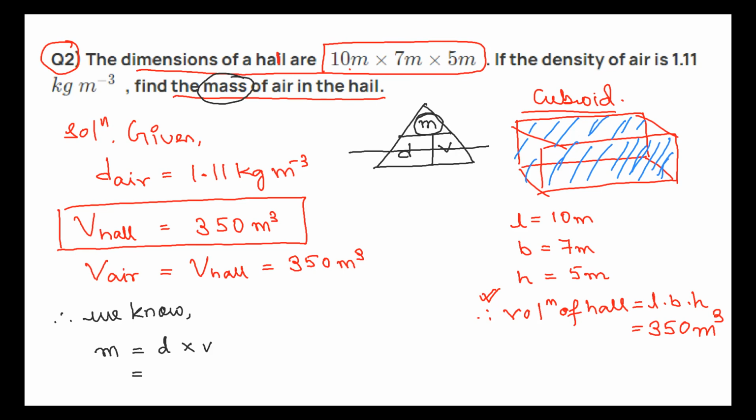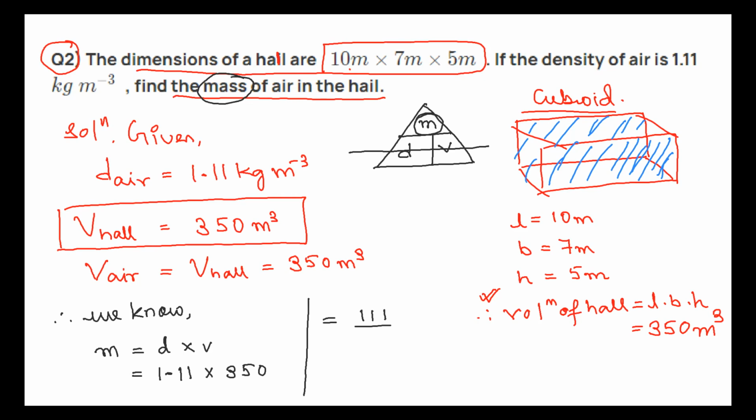Density is given to you, 1.11 into volume is 350. Now just multiply this, you'll get the answer. You just have to multiply.